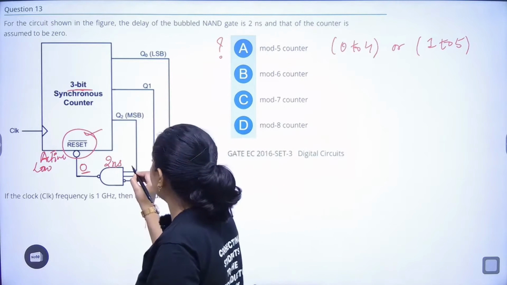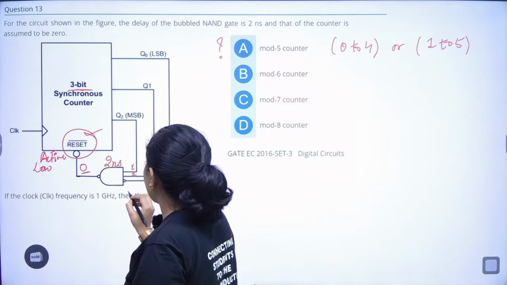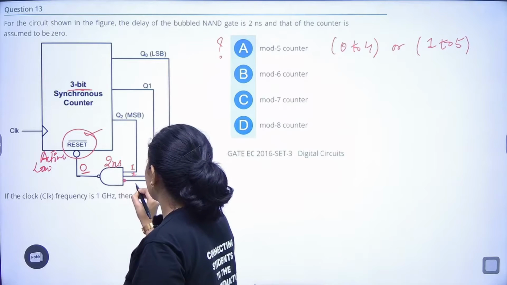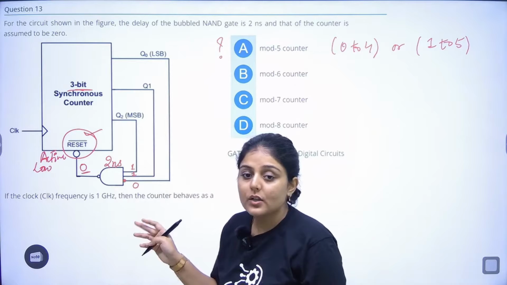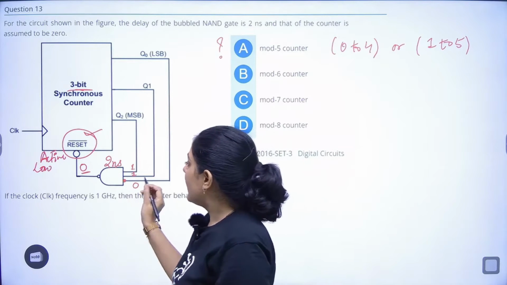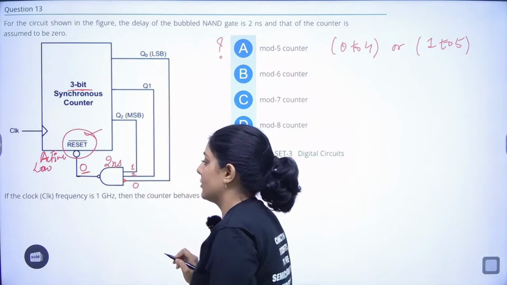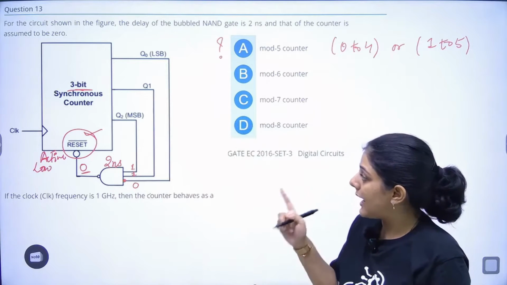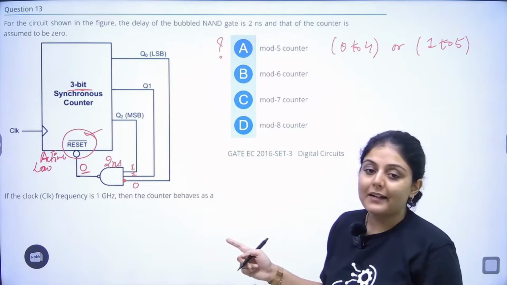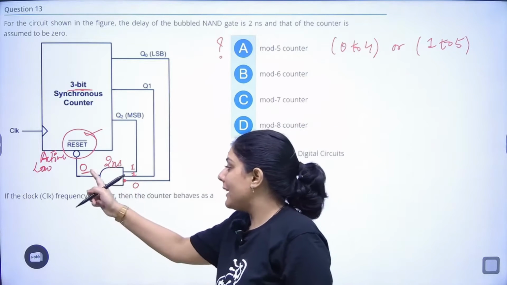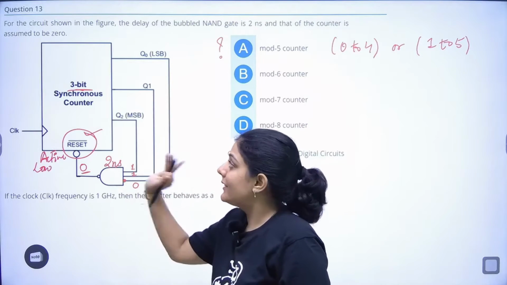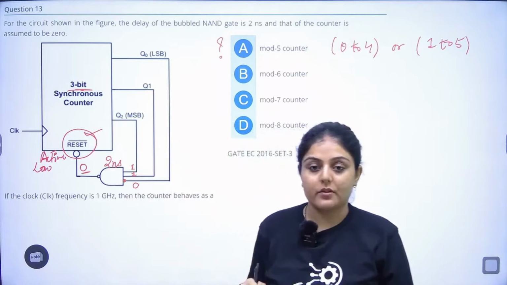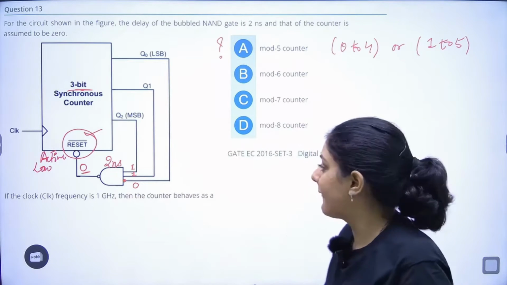So it should be 1, it should be 1, and this one is bubbled, so it should be 0 because the bubble will change it to 1. So it should be 1, 1 and 0. This will be the input to this NAND gate to make the output 0, which will reset this 3-bit synchronous counter. Understood? Now, what is this?